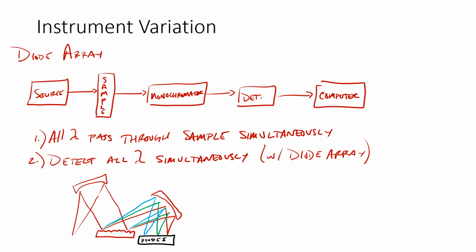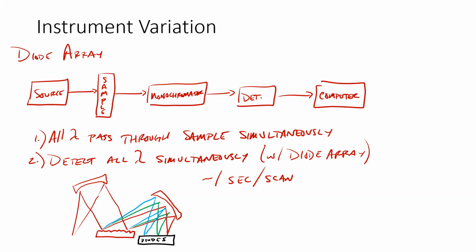And so essentially what this means is that because we can detect all wavelengths simultaneously, we're talking on the order of 1 second per scan, whereas if we use a grating monochromator that just has a traditional detector, it'll be about 1 second per step of that grating.